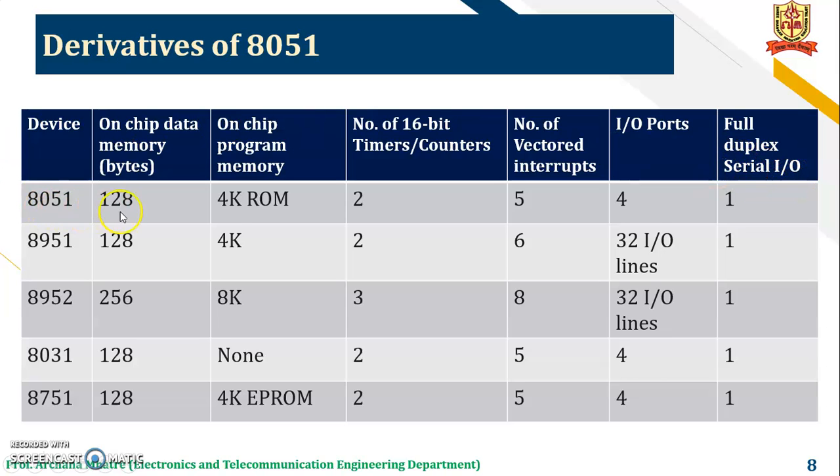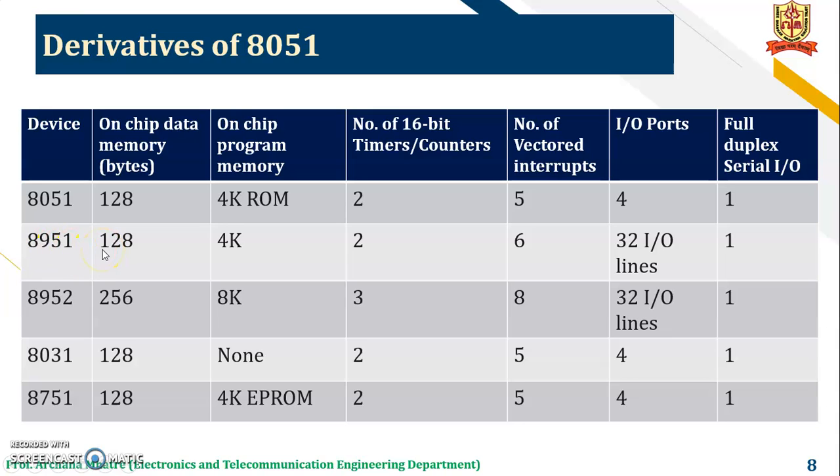Now 8051 has 128 bytes of internal data memory, 4 kilobytes of ROM, two 16-bit timers, 5 interrupts, 4 IO ports and 1 full duplex serial IO port.